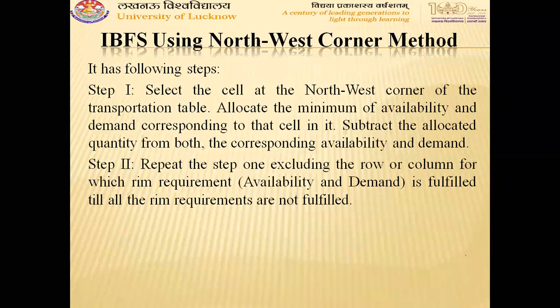For obtaining the solution using the northwest corner method, only two steps are to be applied. First step is to select the northwest corner of the transportation problem and then allocate the minimum of availability and demand corresponding to that cell at the northwest corner to it, and subtract the allocated quantity from the availability as well as the demand.